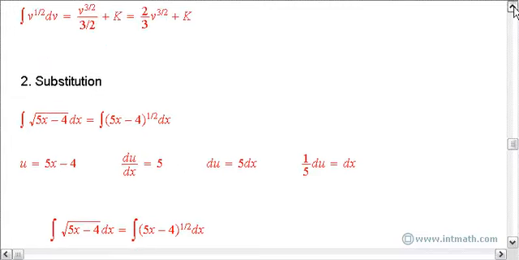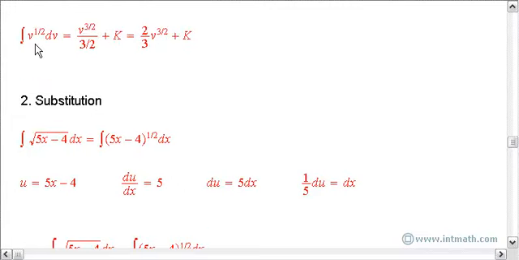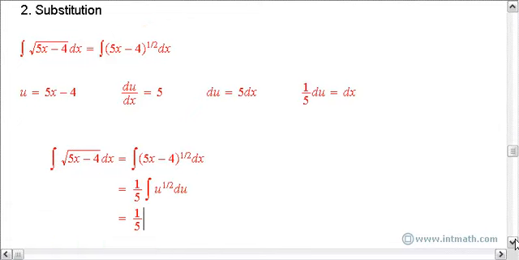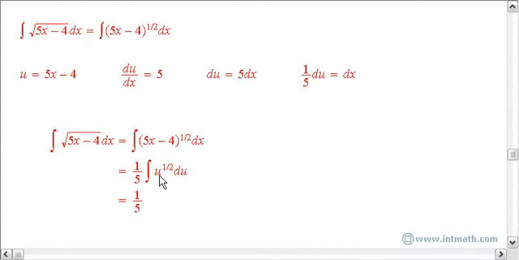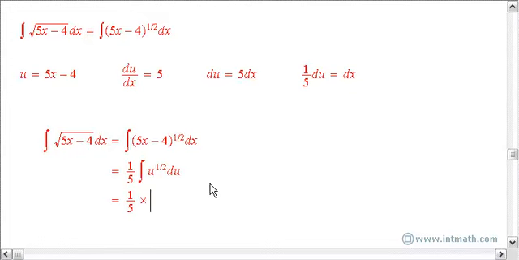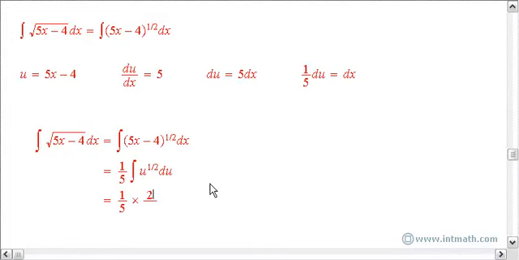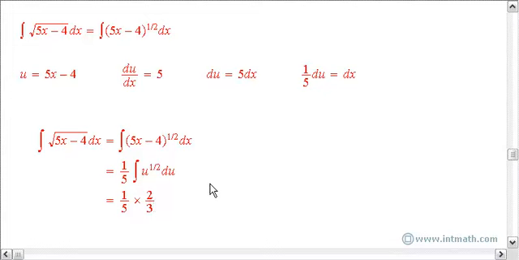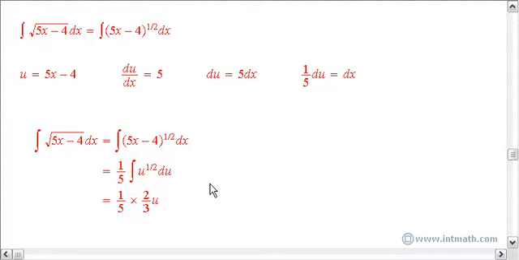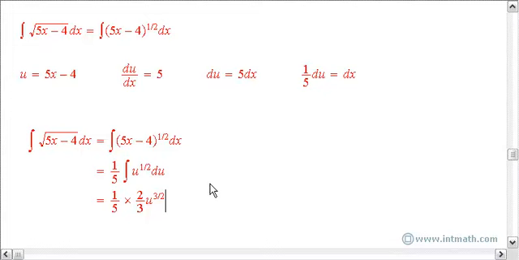Let's go and have another look quickly. Yes, look, I had the integral of v to the half dv, and I did it like this. Well, do the same thing down here. The integral of u to the half du is going to be 2/3, what we got before, 2/3 u to the power 3 on 2, and then plus k.